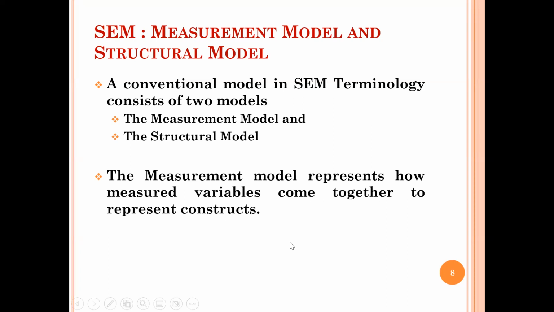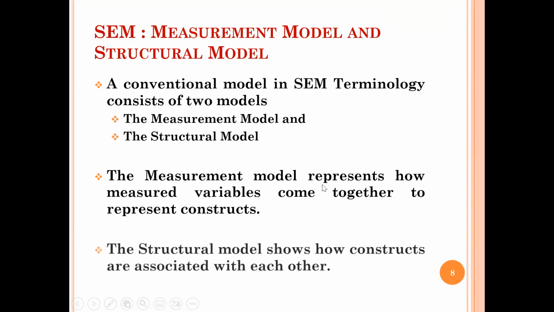Only in this case, you do not explore like in EFA. You generally know these are the factors under which these are the items. You just confirm that factor structure, and that is why it is not exploratory factor analysis, but confirmatory factor analysis. And in the structural model, the regression relationships or effects are shown.